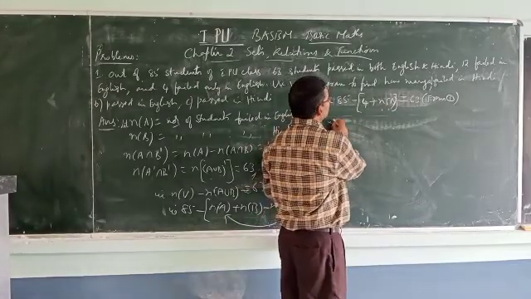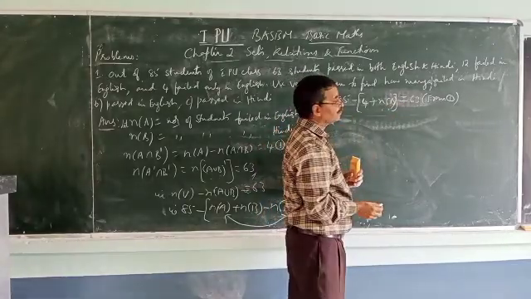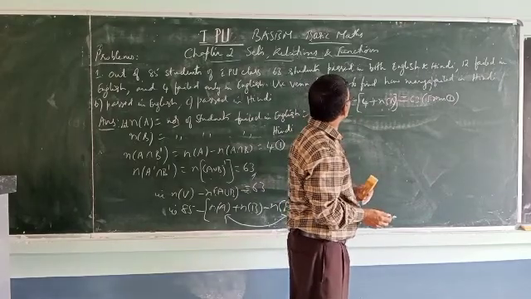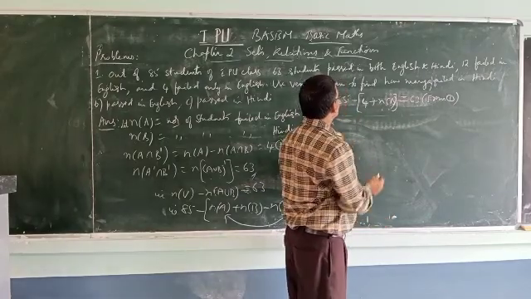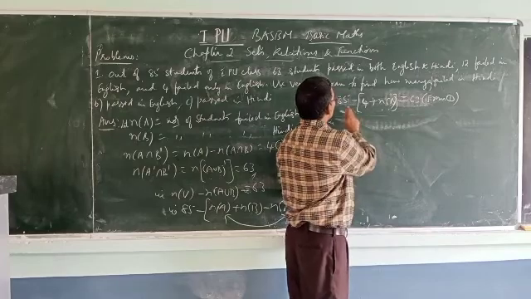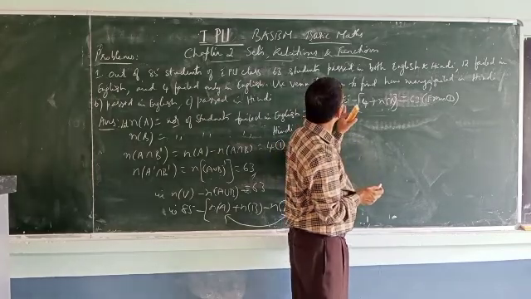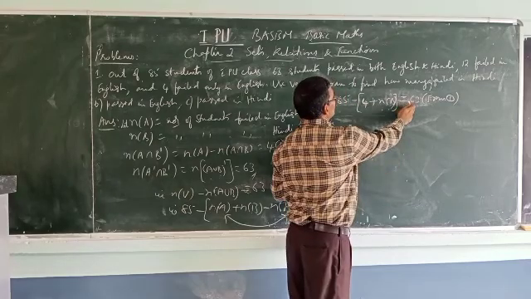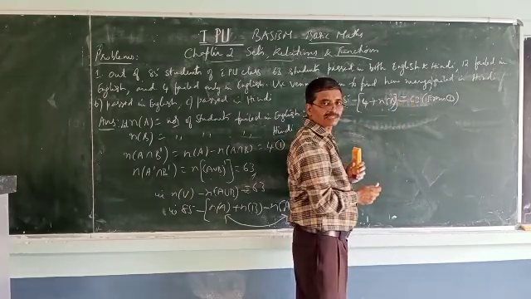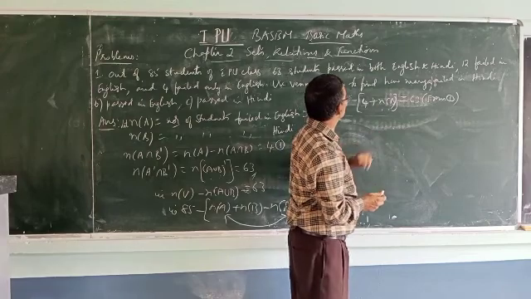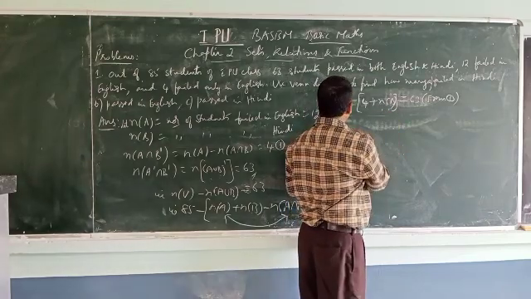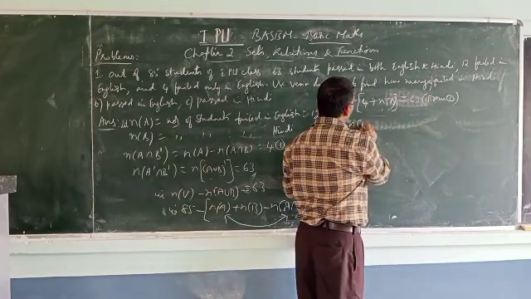Bring this side: 85 minus 4 is 81. Sorry, 85 minus 4 means 81, and 81 minus 63 means 18. This you take to the other side, N of B equal to 18.